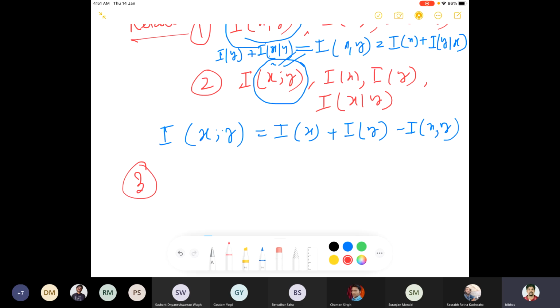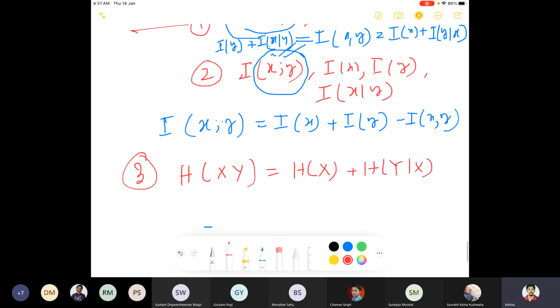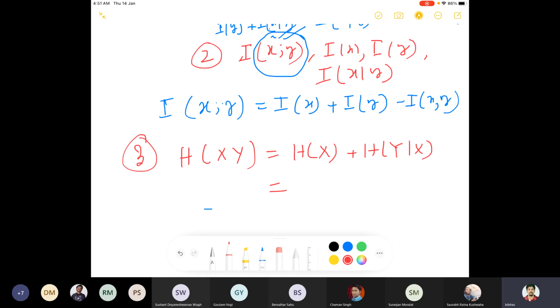Now, can you prove that? My next relation is H(X,Y) is equal to H(X) plus H(Y given X). You will see these are all big theorems in the books, but these can be proved easily from the definitions themselves, and this need not be a theorem, just homework.